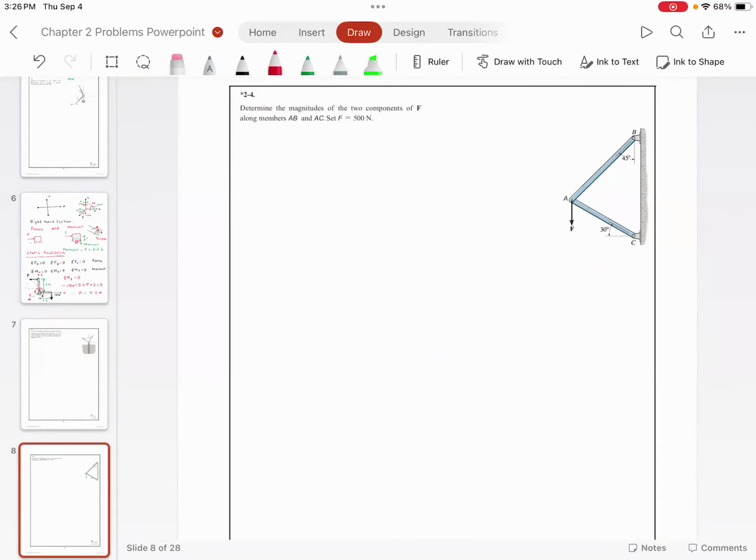Because of that force F coming down, member AB, is it elongated or is it compressed? Elongated. You agree with me? Now, because of this force F going down, what is happening to the member AC? Is it elongated or is it compressed? Compressed. Everyone understood this?